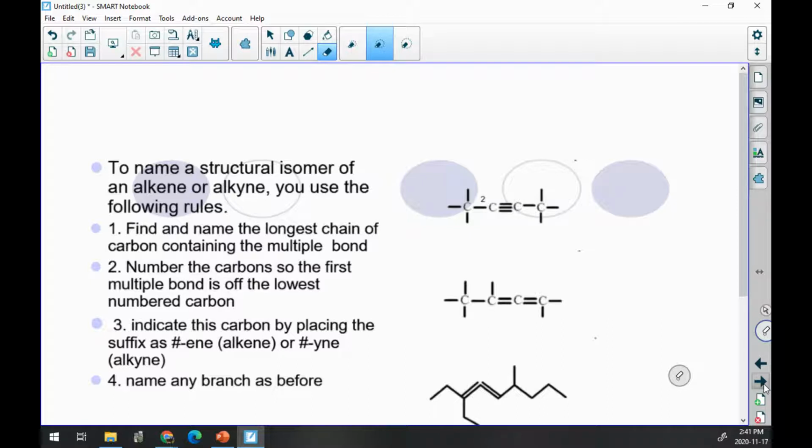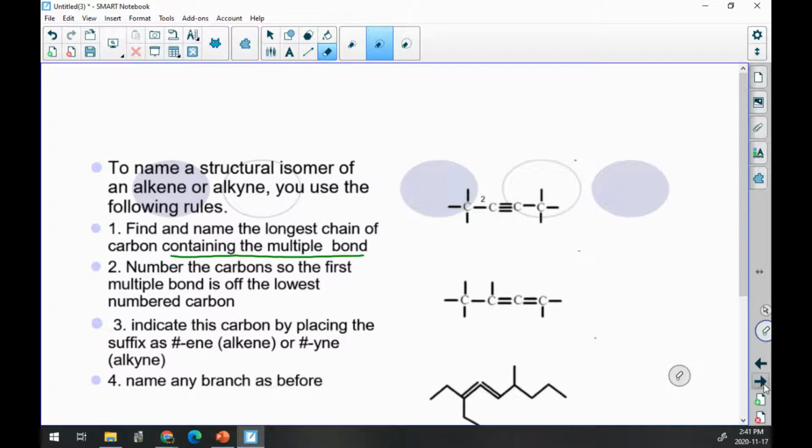Okay, we're going to use those prefixes. We're just going to change the suffix, and we're going to change a little bit about that suffix. So we're still going to find and name the longest chain, but here we have to make sure that the longest chain contains the multiple bond.